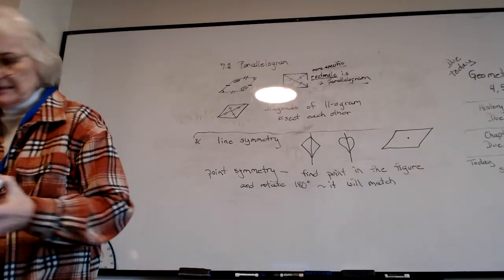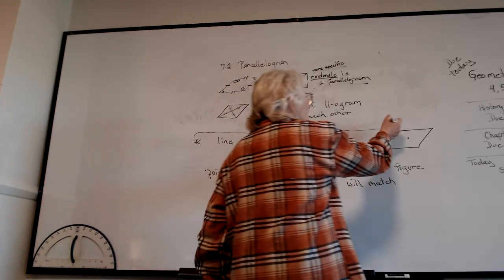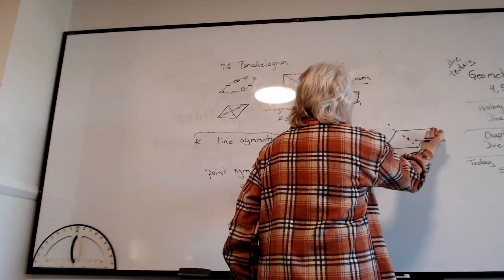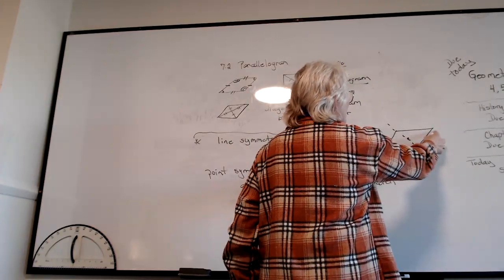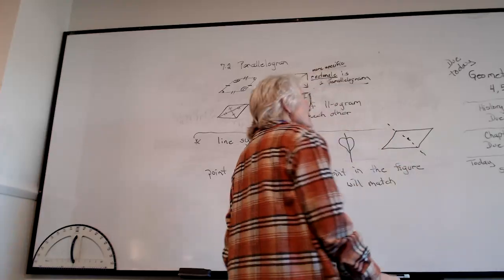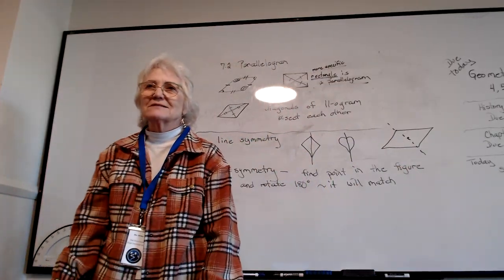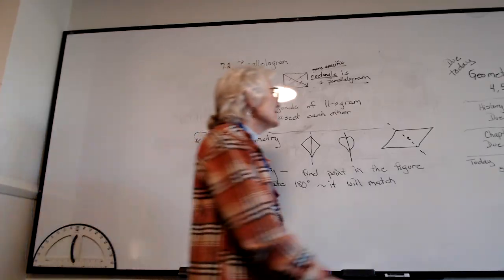Why? If I folded that in half, would they be equal? No, because if I folded it right down here, this one is longer and it's not going to match up with that one. So depending on how long I draw it, but it does have point symmetry.